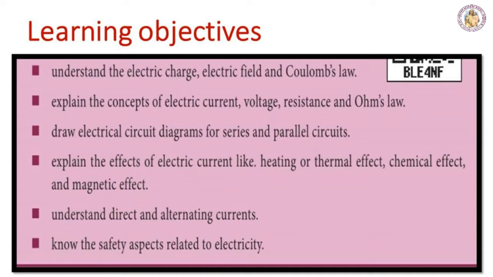Then the effects of electric current like heating, chemical effect and magnetic effect, and DC and AC currents, that is direct and alternating currents, and then the safety aspects related to electricity.